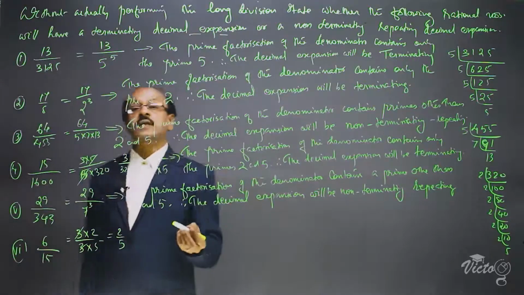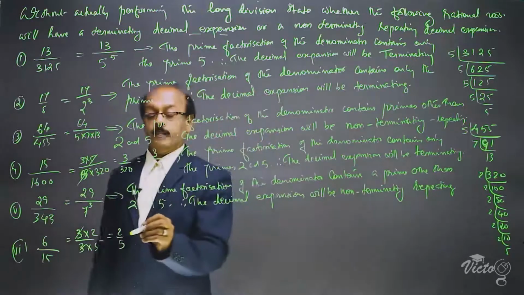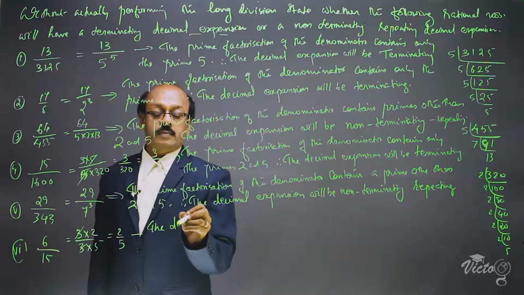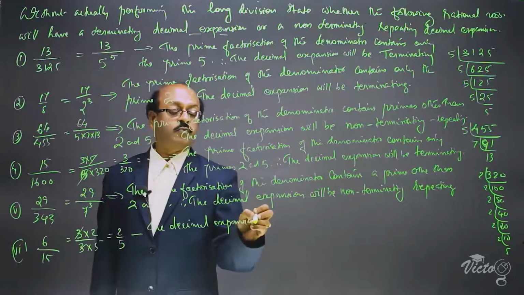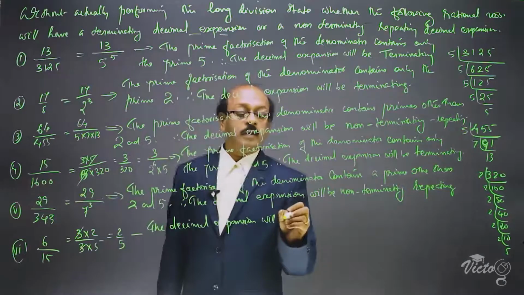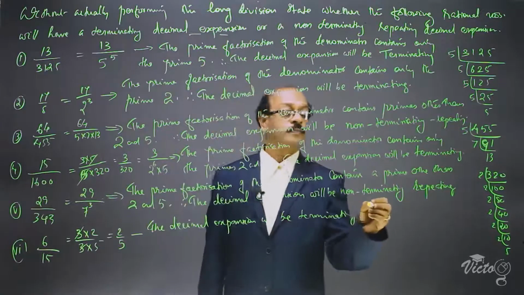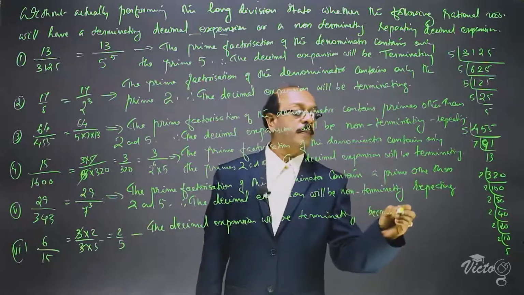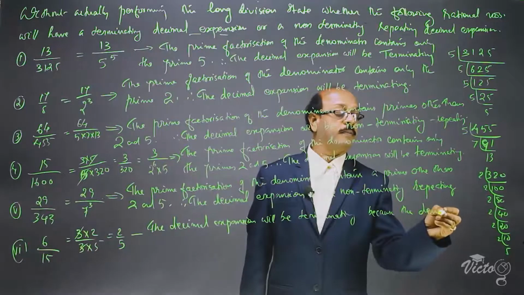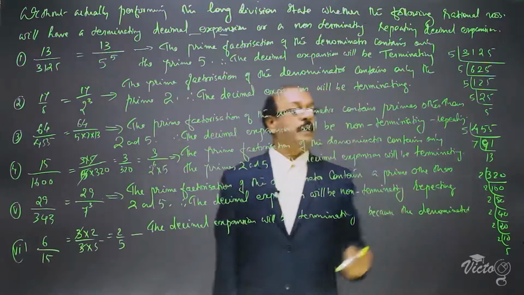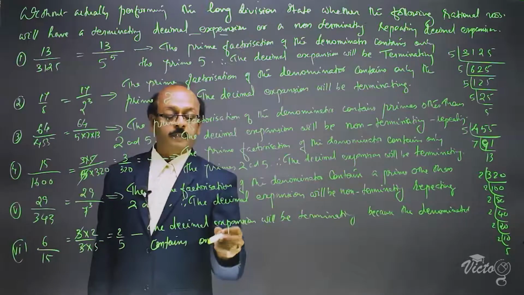The decimal expansion will be terminating because the denominator contains only the prime 5.